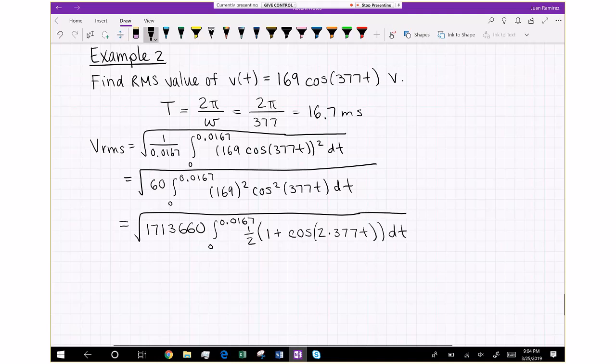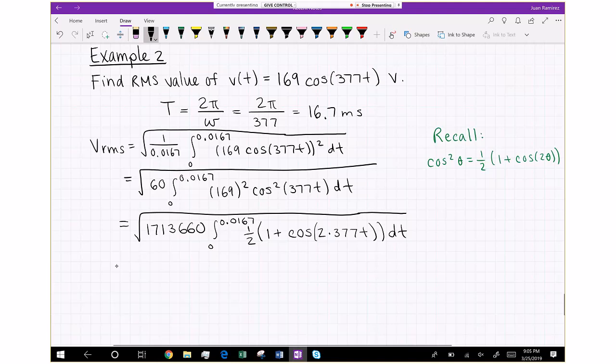Okay. So the cosine squared, that's an identity I definitely encourage you to remember, especially when finding RMS value.